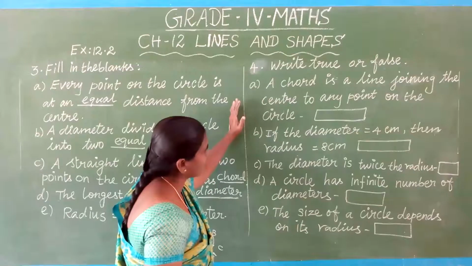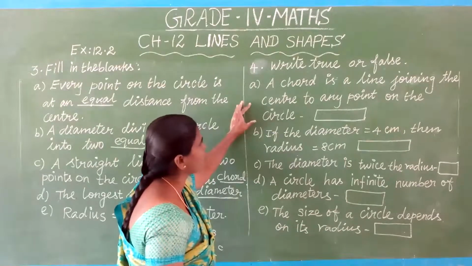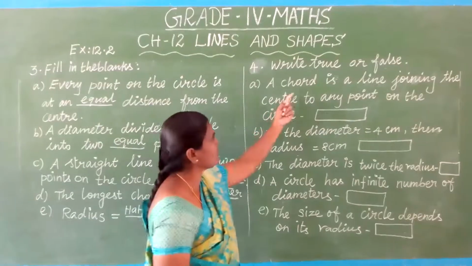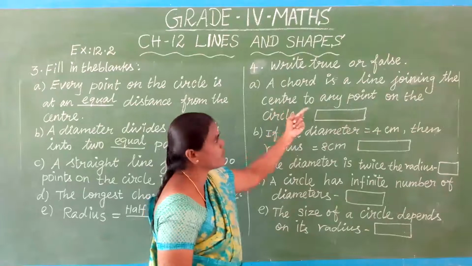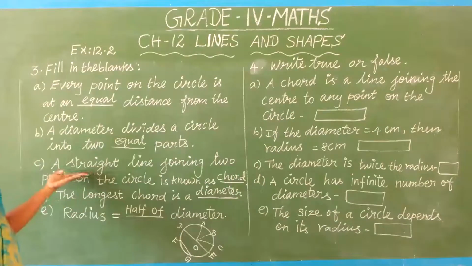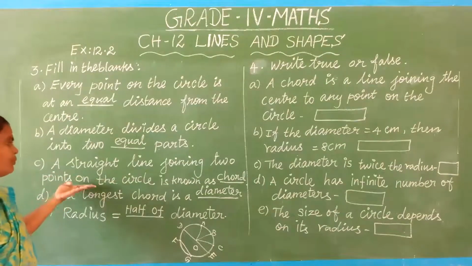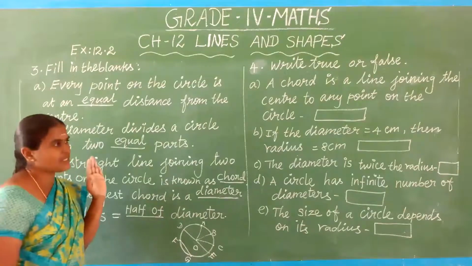A chord is a line joining the center to any point on the circle. What is the meaning of chord? A straight line joining two points on the circle, not passing through the center.